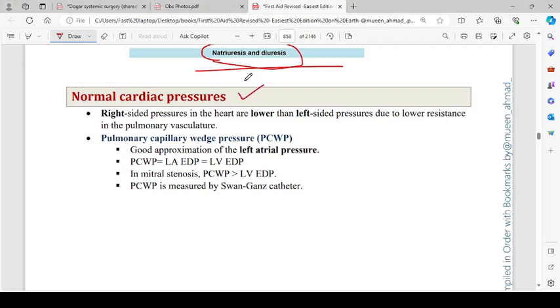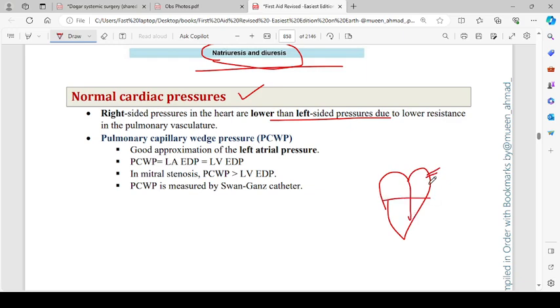So normal cardiac pressures: right-sided pressures in the heart are lower than the left-sided pressures due to the lower resistance in the pulmonary vasculature. The pulmonary capillary wedge pressure is a good approximation of left atrial pressure. Suppose this is the heart; the pulmonary veins drain into the left atrium, right?